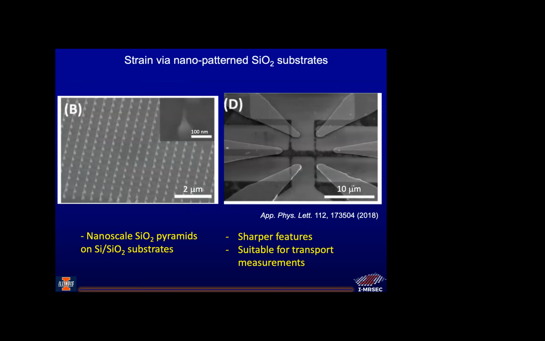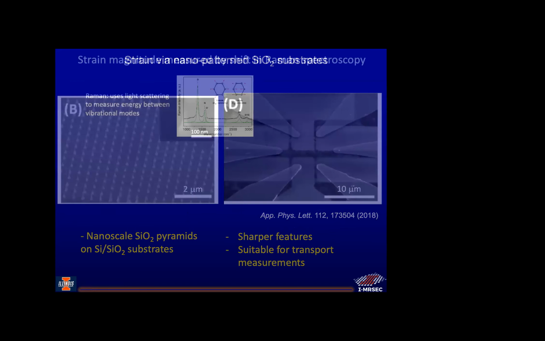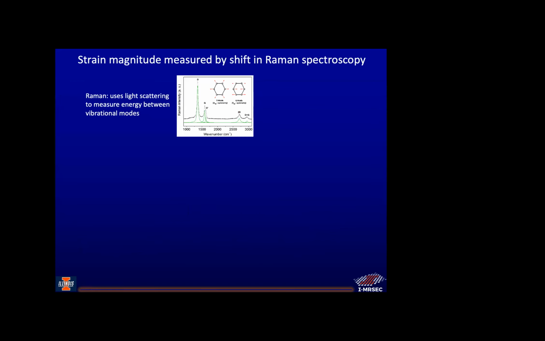Okay, so now we can measure transport in these, but because we're no longer looking at adhesion and de-adhesion, we really want to be able to tell that it's strained, because even though we know the graphene's pinned, none of this is valuable to us unless we also know that it's strained. So in order to measure the strain, we end up using Raman spectroscopy. Raman, of course, measures these vibrational modes of graphene.